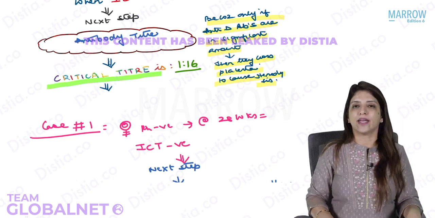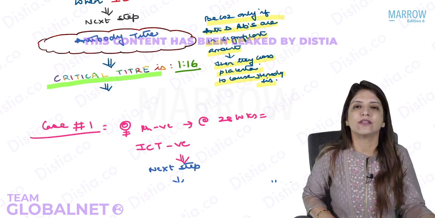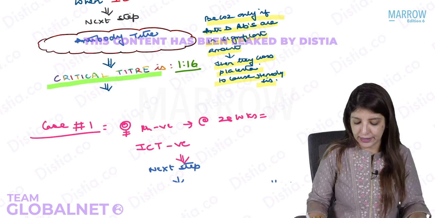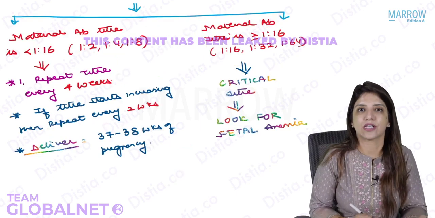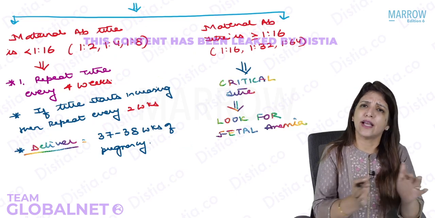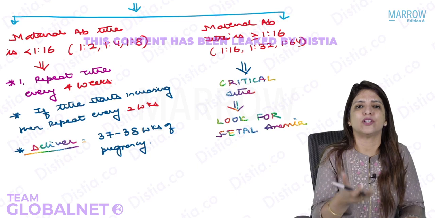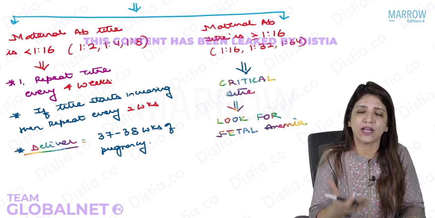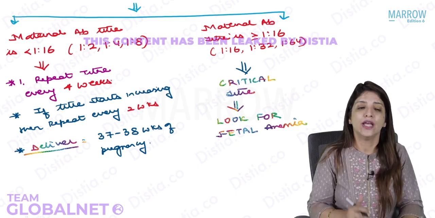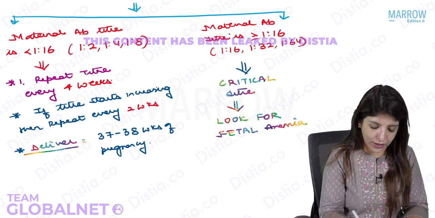So once I get that the indirect Coombs test is positive, I have to check the antibody titer in my patient, knowing that the critical titer is 1:16. So if the mother's antibody titer is less than 1:16, she shows me antibody only in 1:2 dilution, or only in 1:4 dilution, or only in 1:8 dilution, then that means significant antibodies are not there.